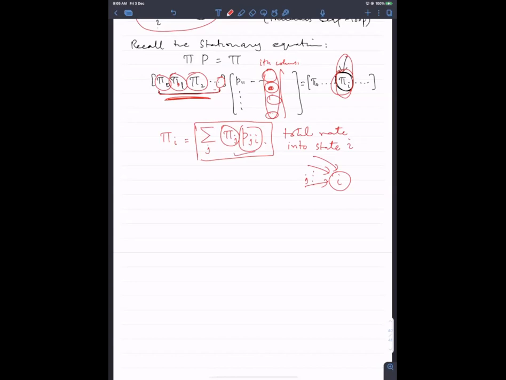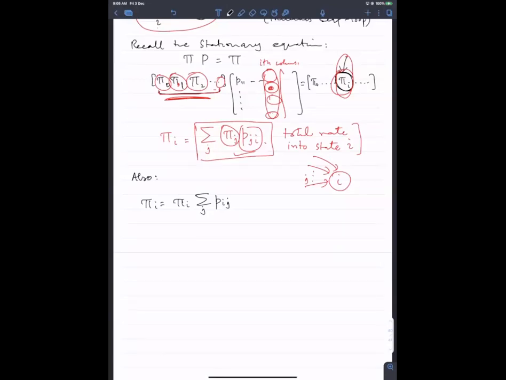Also note that I can write pi i to be equal to pi i times the summation over j of p ij. Why is that?